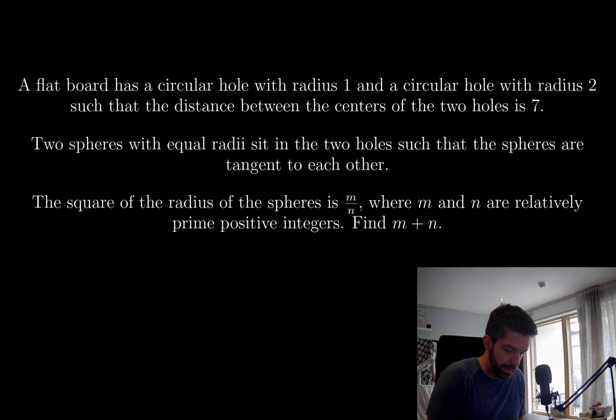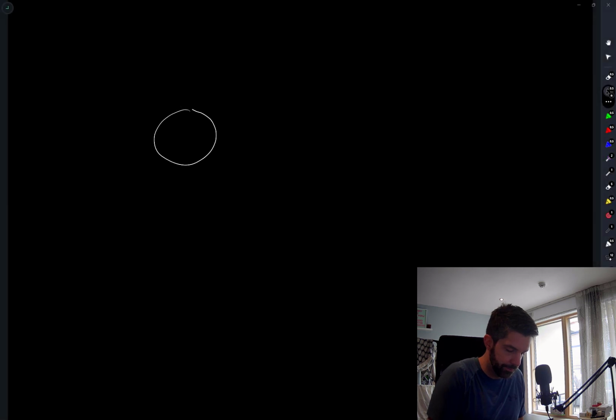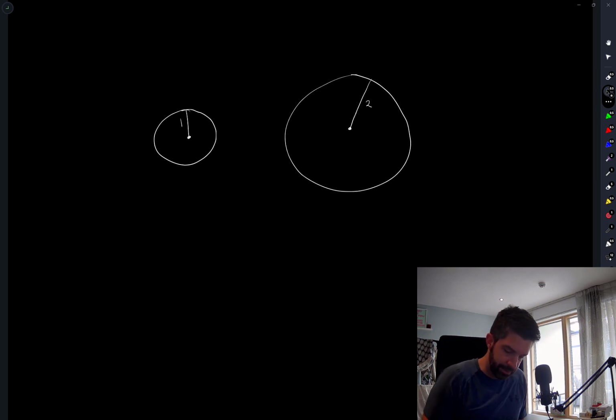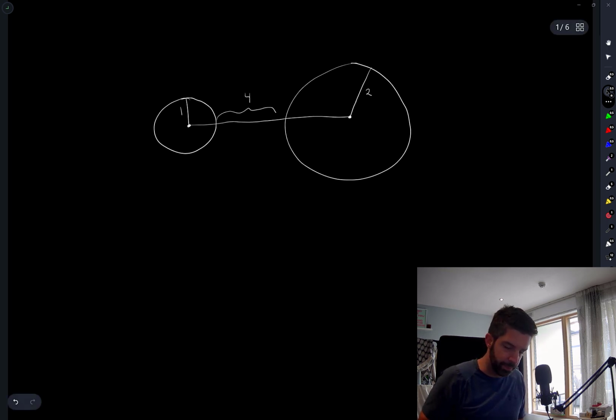So as seen from above, there's a hole of radius 1 and a hole of radius 2, and the distance between these is 7. That means, of course, that this distance here is 4. So that's as seen from above.